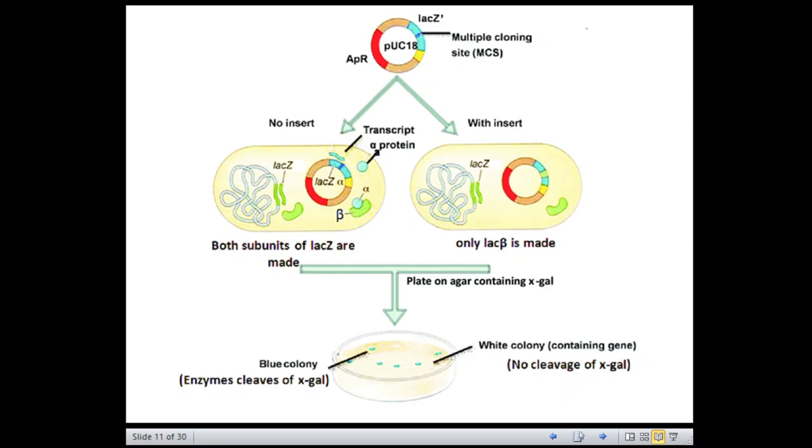So this substance called XGAL into a blue insoluble material. Right. However, if the gene is disrupted by the insertion of a foreign fragment of DNA, a non-functional enzyme results which is unable to carry out hydrolysis of XGAL.